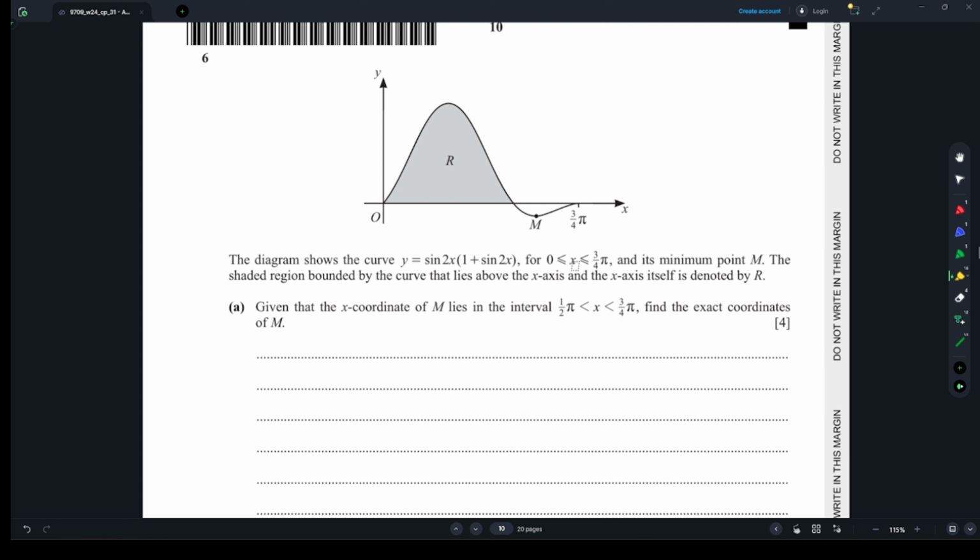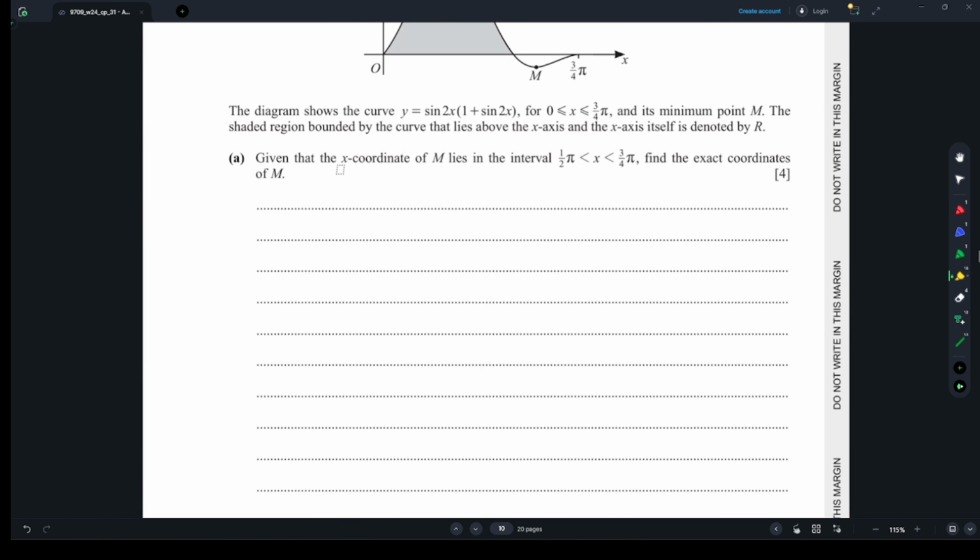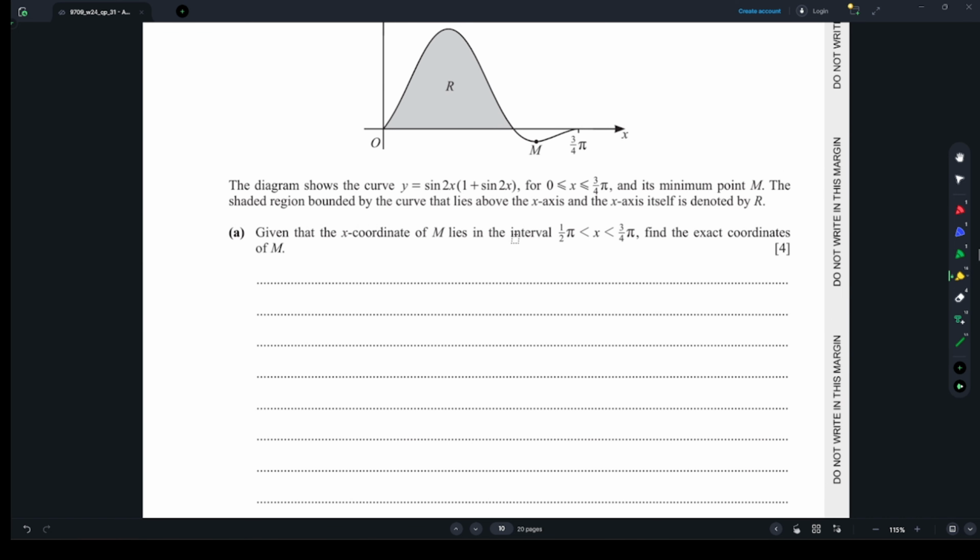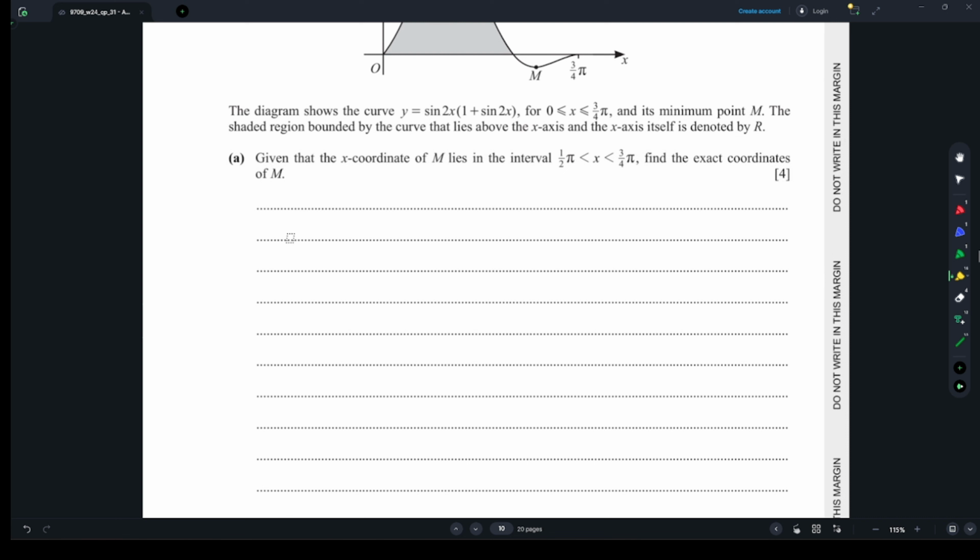Here they gave us a range from 0 to 3 pi over 4, and the minimum point is M. The shaded region is bounded by the curve, and this shaded area is indicated by R. Given that the x coordinate of M lies in the interval pi over 2 and 3 pi over 4, find the exact coordinates of M. So you have to find the exact coordinates of M, and they say that the value lies in between this. Okay, so now let's think how we can do that.